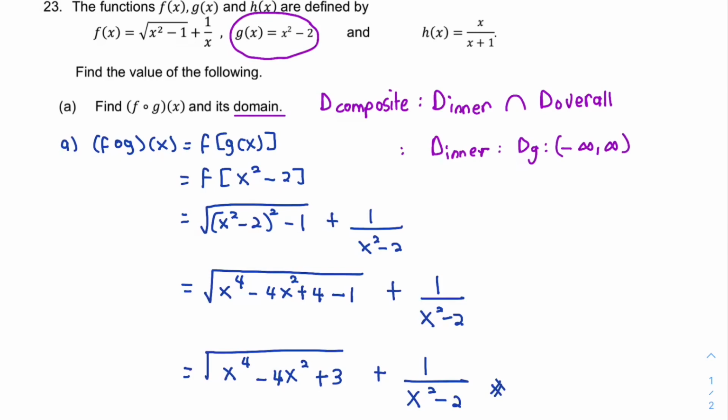Now how about the domain of the overall function? It is quite lengthy, you can see it will take a while. The first term has a square root, so you have to check that under the square root should be greater than or equal to 0. And the second term is a rational, so your denominator cannot be equal to 0. So let's do it one by one.